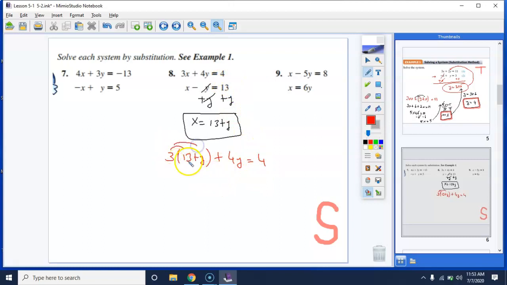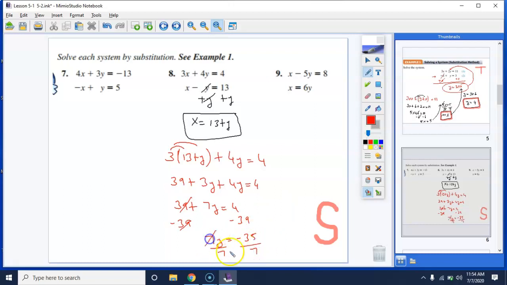Distribute first: 3 times 13 is 39, 3 times y is 3y, plus 4y equals 4. So 3y plus 4y is 7y, plus 39 equals 4. Subtract 39 from both sides, they cancel each other. 7y equals negative 35. If we divide both sides by 7, we get y equals negative 5.